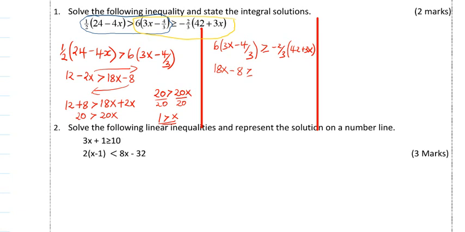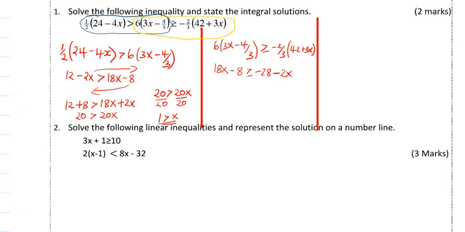This one becomes negative 28, minus negative 2 over 3 multiplied by 3x. That one becomes minus 2x.